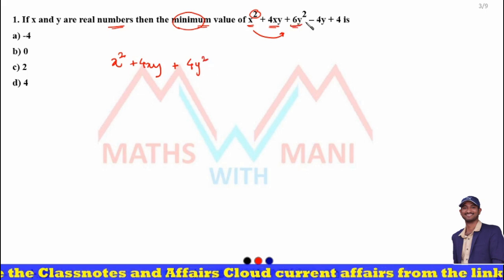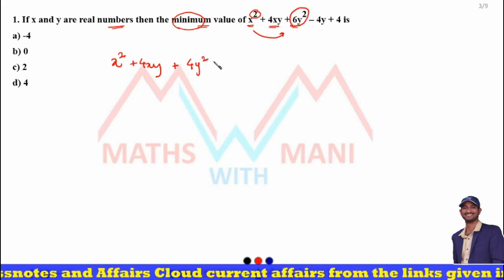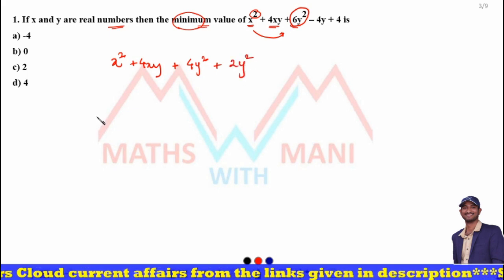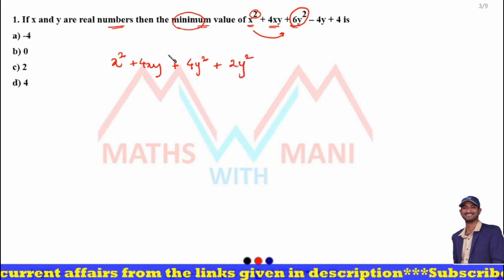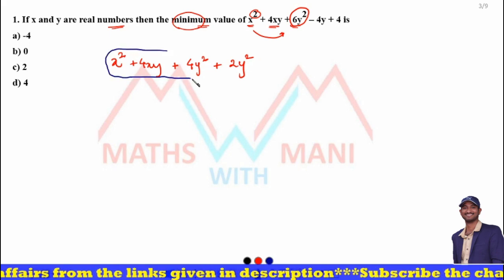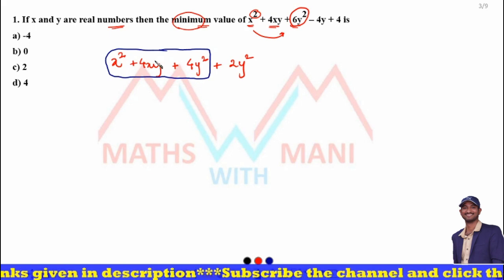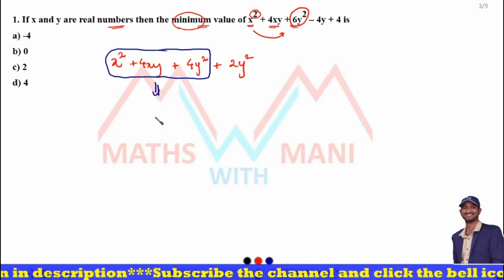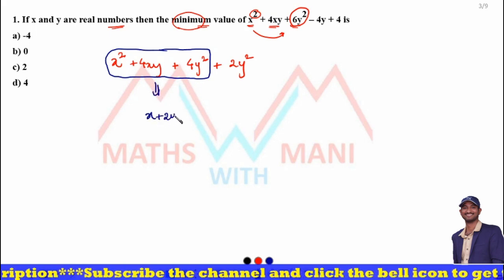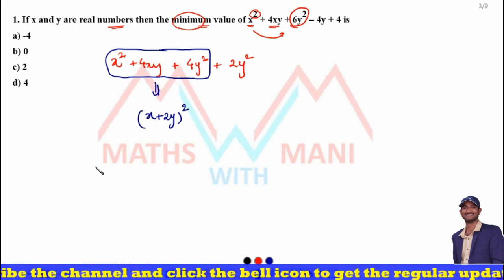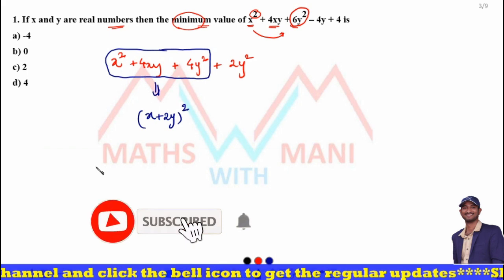In 6y square, I divide it as 4y square and 2y square. Why? Because x square plus 4xy plus 4y square is a perfect square term. Yes or no? I can write this as x plus 2y whole square. Clear?